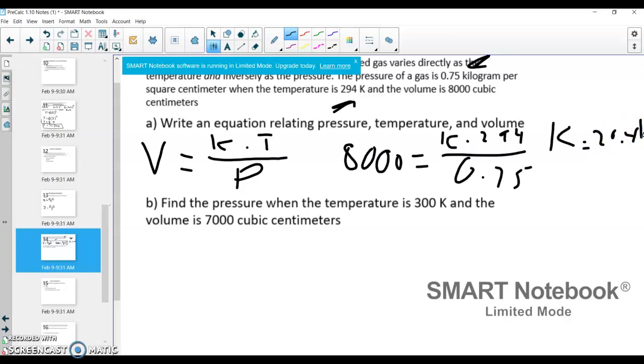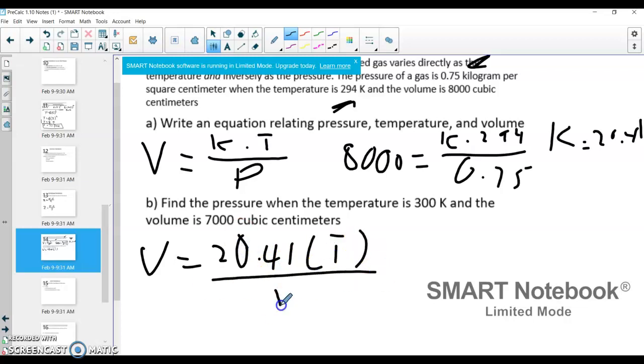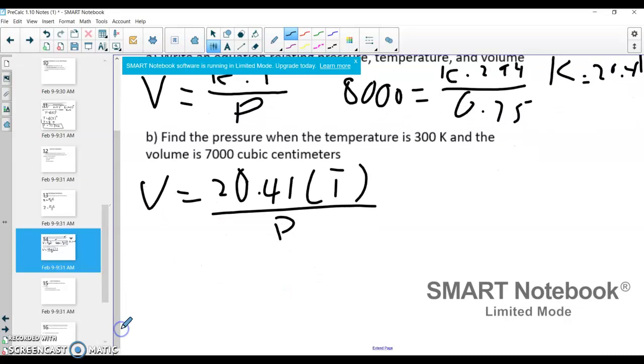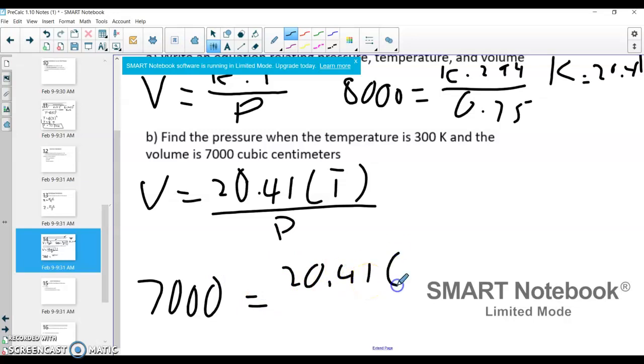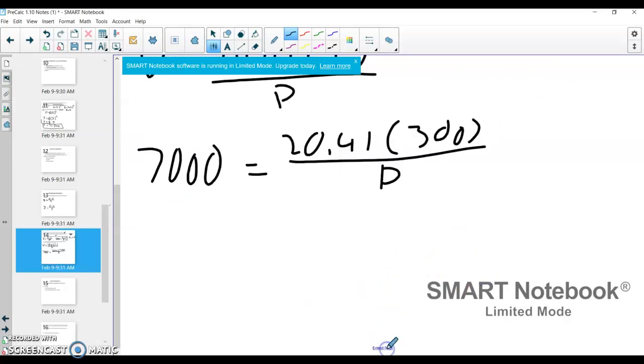Then I can set up my equation: volume equals 20.41 times the temperature divided by the pressure. It's saying we need to find the pressure when the temperature is 300 Kelvin and the volume is 7,000 cubic centimeters. So we know the volume, which is 7,000. We know 20.41. We know the temperature is 300 Kelvin, and then we're looking for pressure.